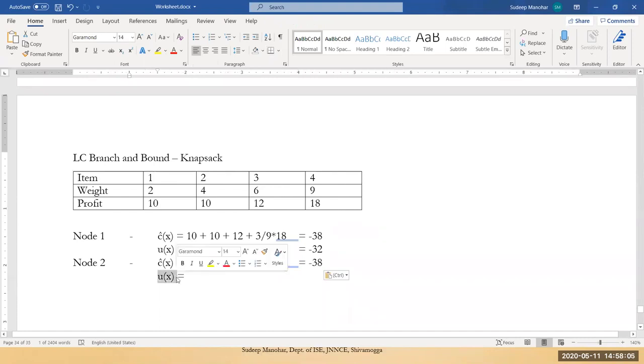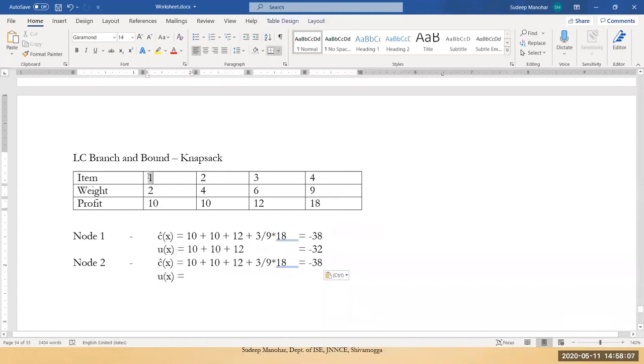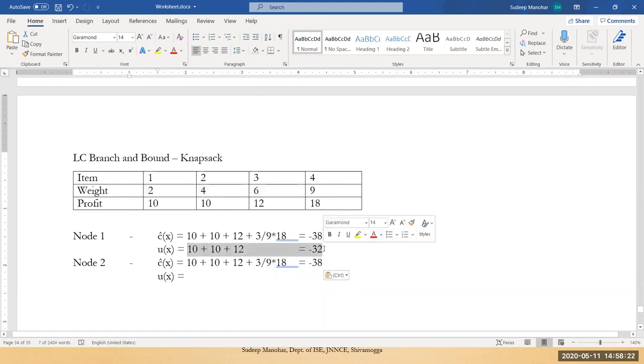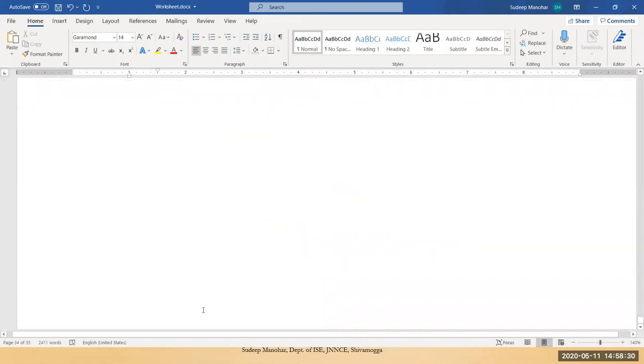U of x means no fraction. So once again, with item number 1 and no fraction, you consider items 1, 2 and 3, because the total of this becomes 12, and 9 cannot be inserted. Once again, it is the same as the previous step. You will get 10 plus 10 plus 12, which is 32. There is no change in this. 38 and 32 will be the result of this.